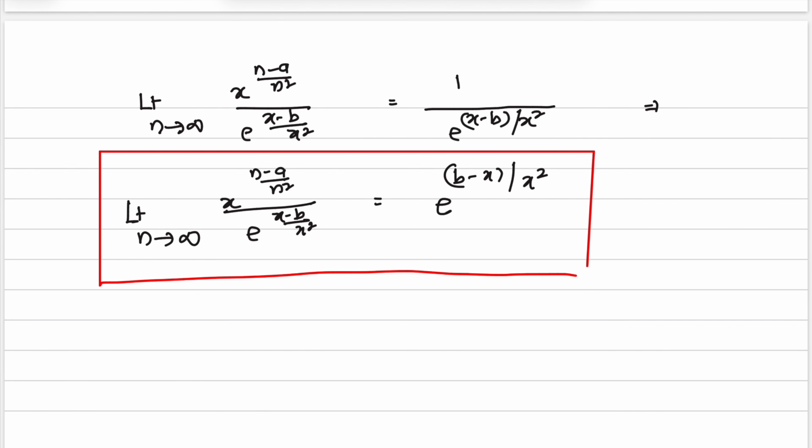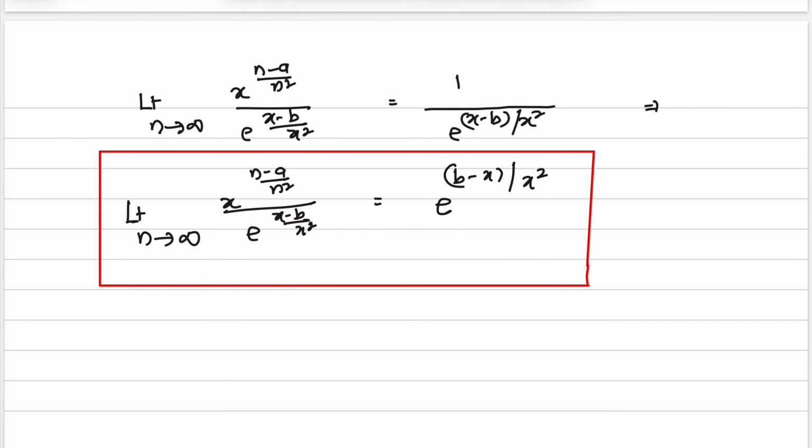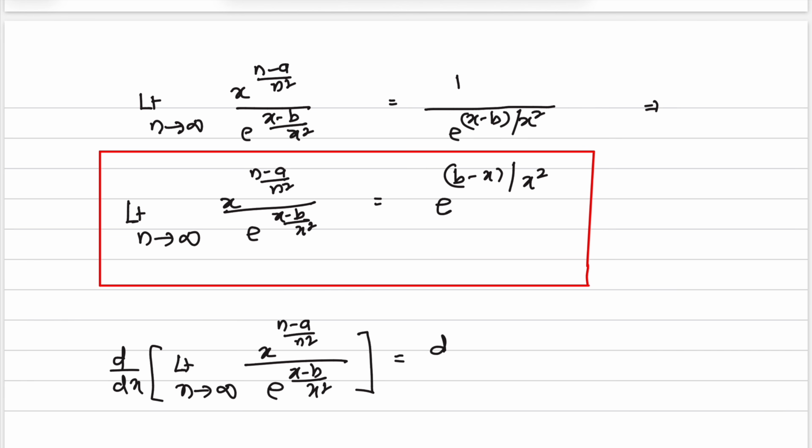Now, let us try to find the d by dx of this value, the derivative of this value. d by dx of limit n tends to infinity of x to the power of n minus a by n square whole divided by e to the power of x minus b by x square is equal to d by dx of e to the power of b minus x by x square.